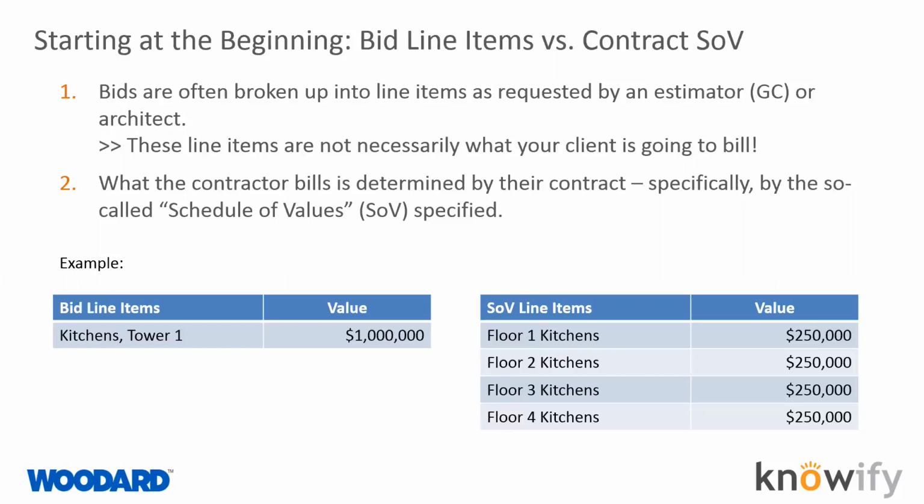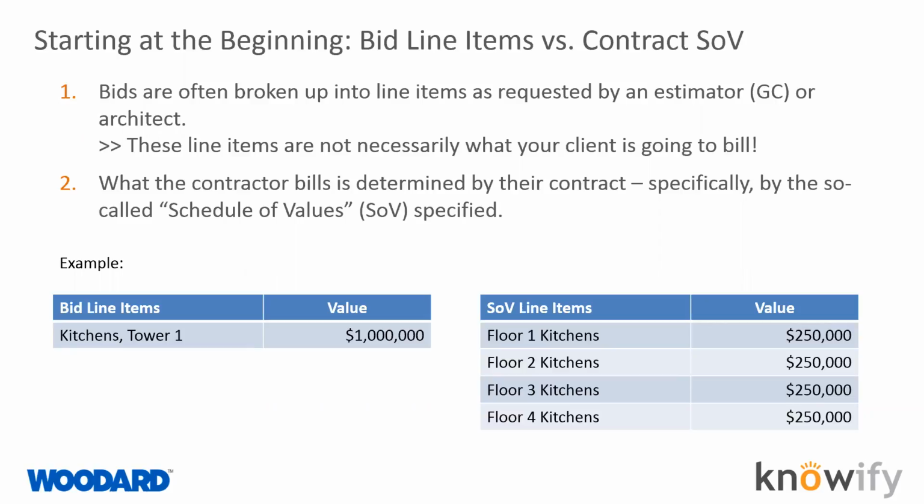So in this example here, we have a bid line item where I bid kitchens in Tower 1, which would literally be all of the kitchens across all the units in a tower for a fixed price of $1 million. And on the contract, my GC has broken it down so that I will then bill for 1 kitchens, for 2 kitchens, for 3 kitchens, for 4 kitchens.